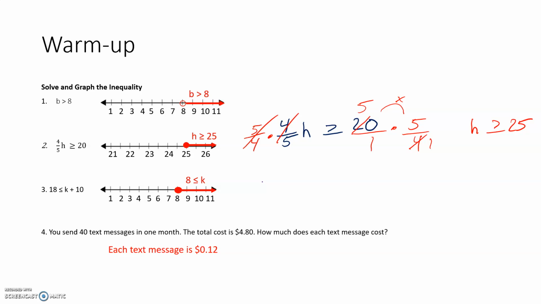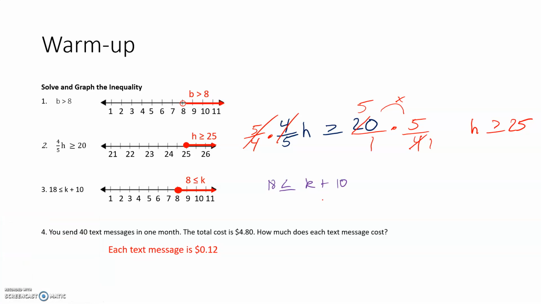All right, number 3. 18 is less than or equal to k plus 10. So I'm going to take away 10 from both sides.